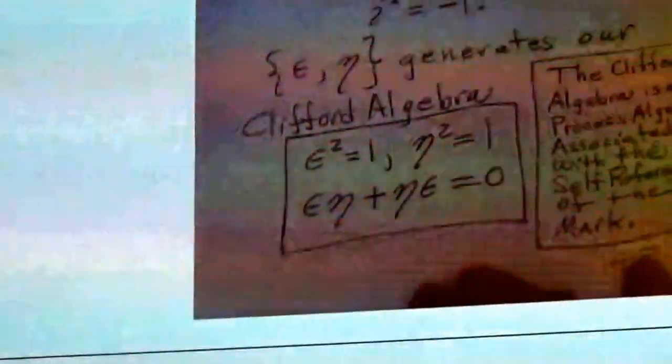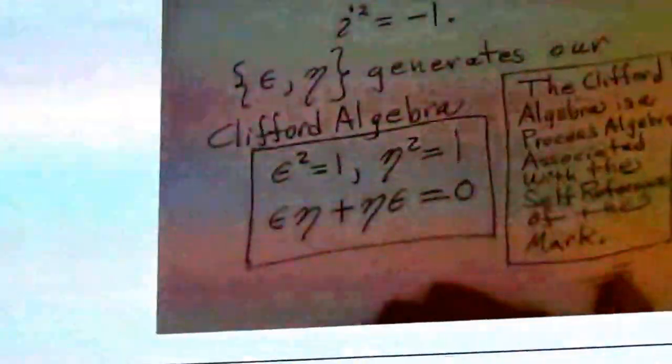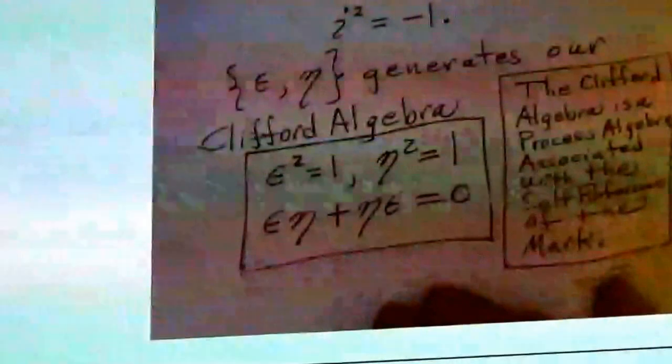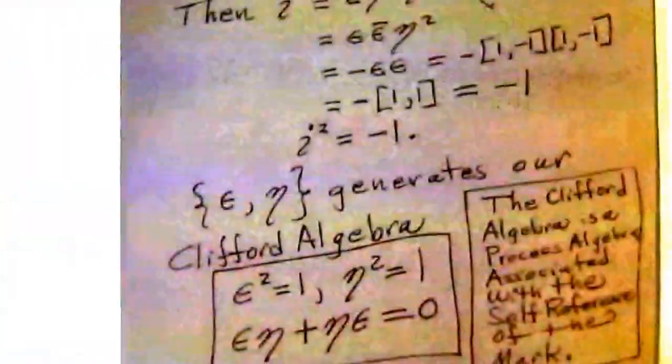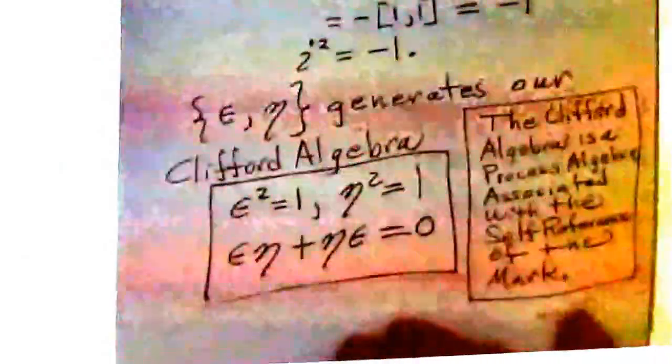So that once you are considering distinction self-reference, which is right there at the beginning, then right there along with it, at least in this description, is the Clifford algebra. Clifford algebra is arising right along with that logical particle of the mark. So the fusion algebra and the Clifford algebra are there in that point of view.